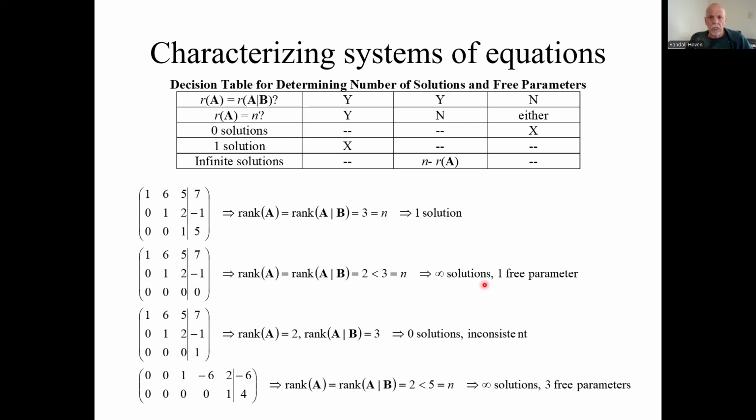So you get an infinite number of solutions, and 3 minus 2 is 1: one free parameter. This one, you can look immediately and say, inconsistent, no solution. This one, its rank is 2, and n equals 1, 2, 3, 4, 5. The augmented matrix is the same, but 5 minus 2 is 3, so we have an infinite number of solutions, 3 free parameters. Pretty easy to do with this little decision matrix and just looking at the augmented matrix after doing row operations.